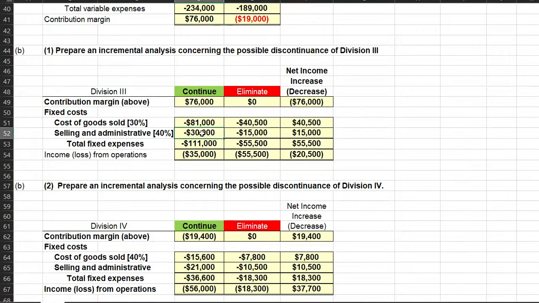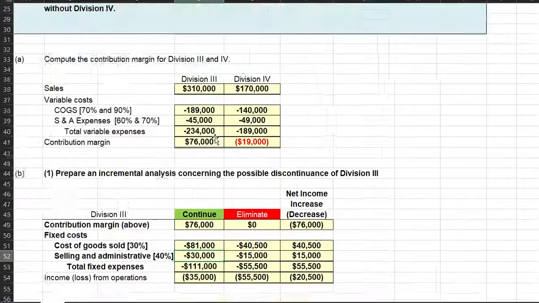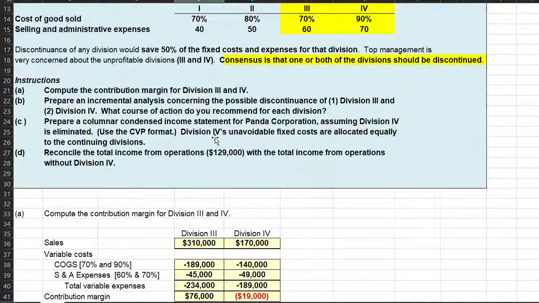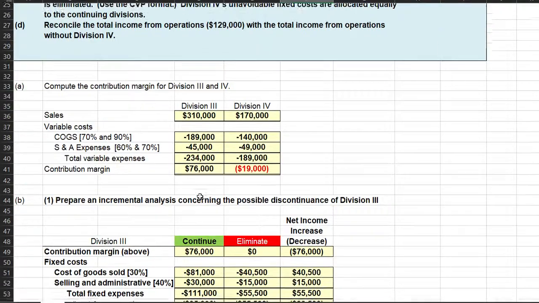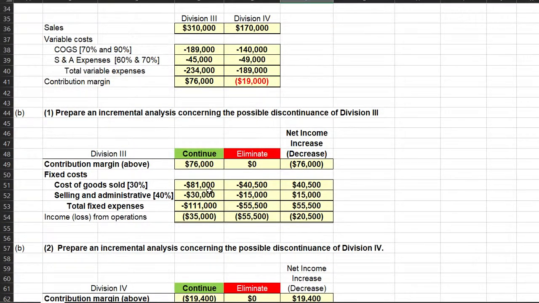Similarly, $30,000 is 40% of the selling and administrative expenses for Division 3. If we were to eliminate that division, then 1/2 of the fixed cost would still be there. And so there will be a $15,000 reduction in fixed costs, which would cause the net income overall to go up by $15,000.